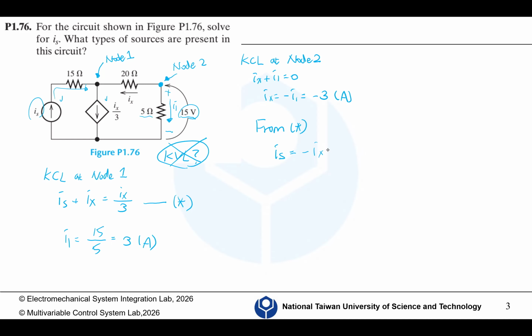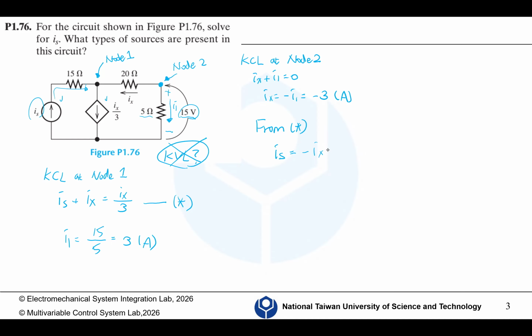Starting from the bottom left corner, I have minus 70 plus 20 times I1 minus I3 plus 10 times I1 minus I2 equals 0.